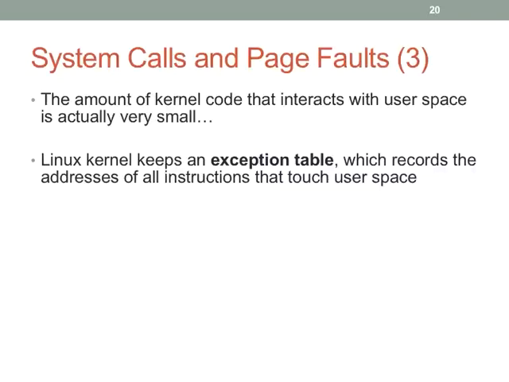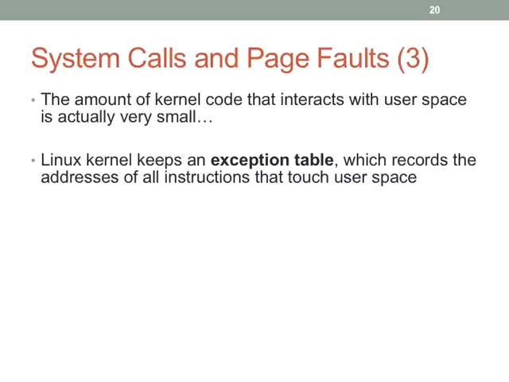It's wild, right? When a fault is generated, we can just look in our exception table. If the fault is generated by any of the instructions listed in the exception table, then the user process passed us a bad address. That's how we tell. If it's not in the exception table, then we have a bigger problem.